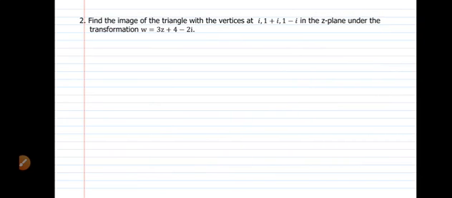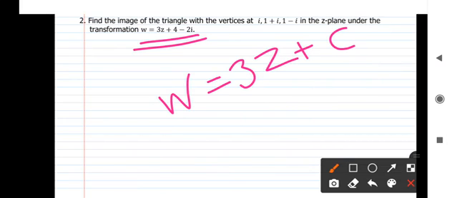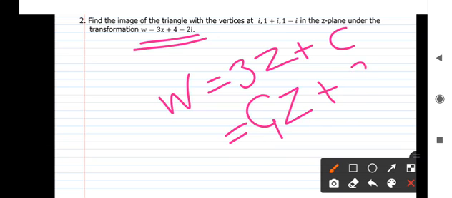Here you are given vertices of a triangle in z plane, and the transformation is given as w equal to 3z plus 4 minus 2i. This is nothing but w equal to c1 z plus c, with c equal to 4 minus 2i. This is nothing but first w equal to 3z and then the complex constant is added.